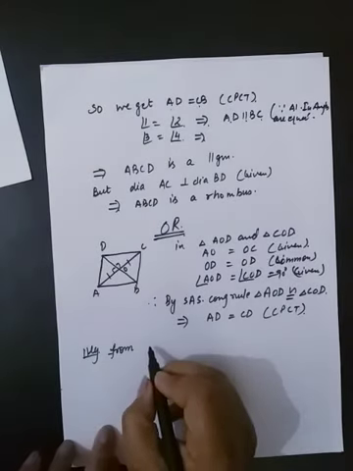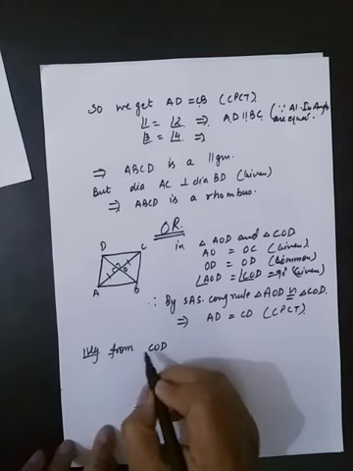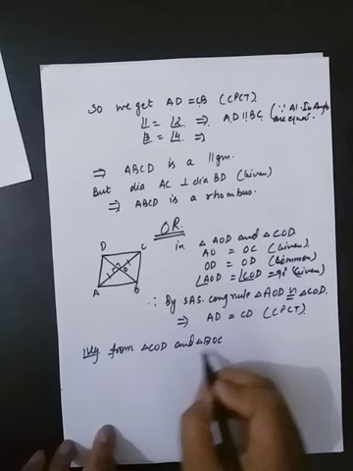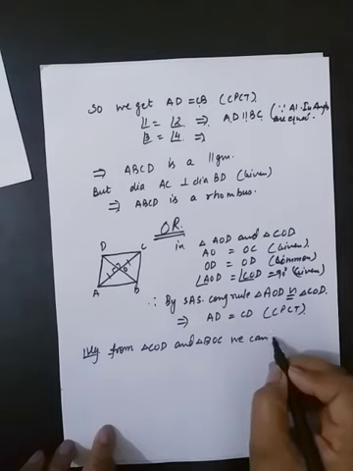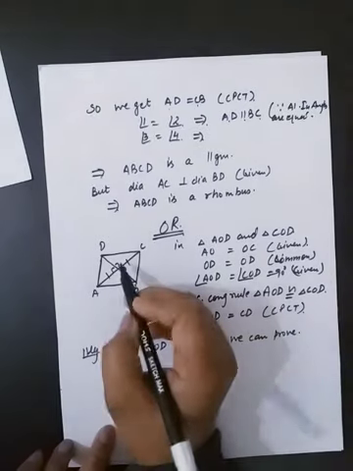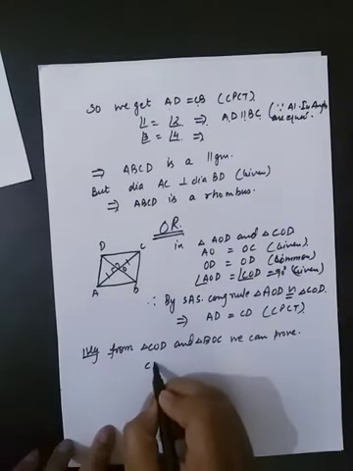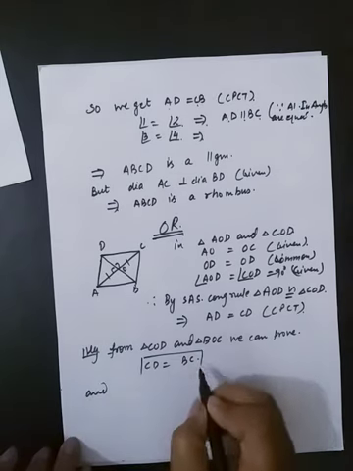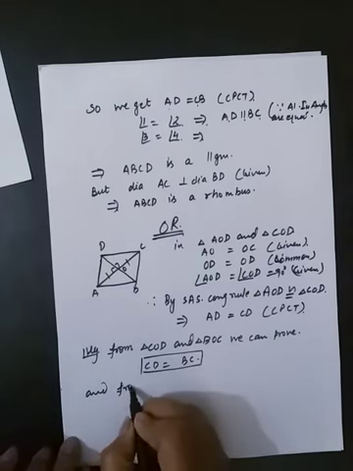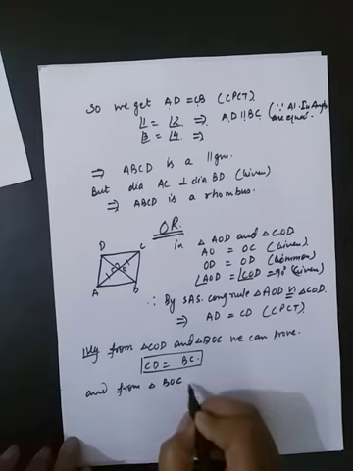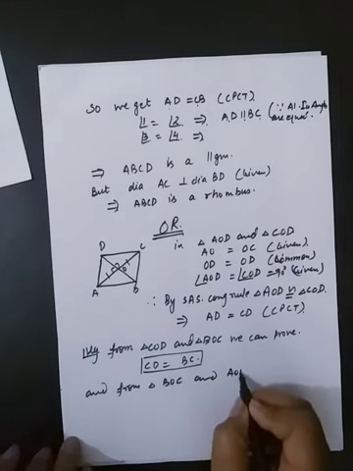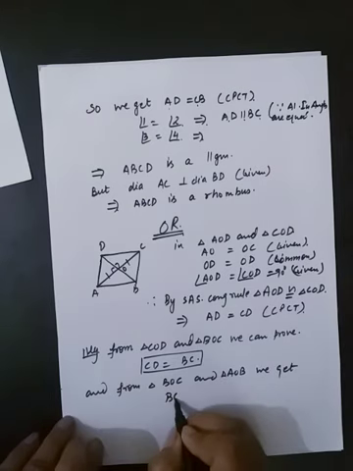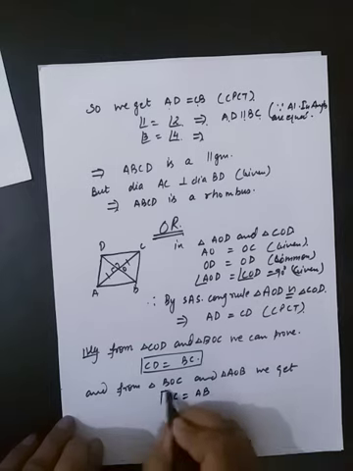Similarly, from triangle COD and BOC, we can prove, when we take these two triangles, we will get CD is equal to BC. And from triangle BOC and AOB, we get BC is equal to AB.